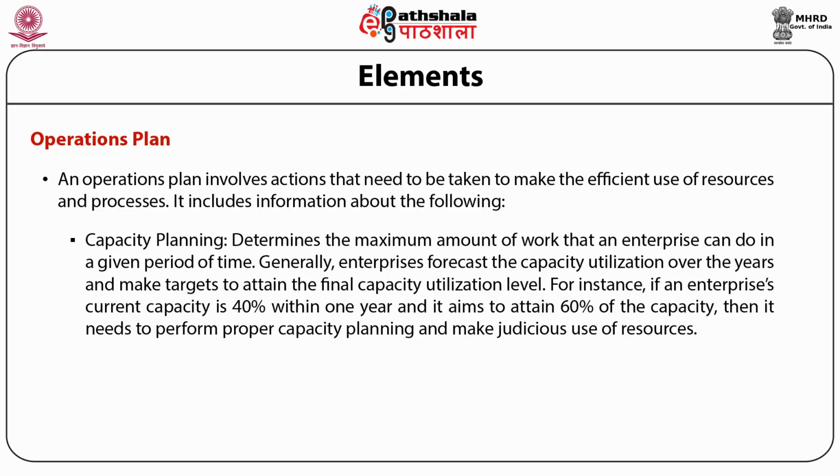Generally, enterprises forecast the capacity utilization over the years and set targets to attain the final capacity utilization level. For instance, if an enterprise's current capacity is 40% and within 1 year it aims to attain 60% of the capacity, then it needs to perform proper capacity planning and make judicious use of resources.